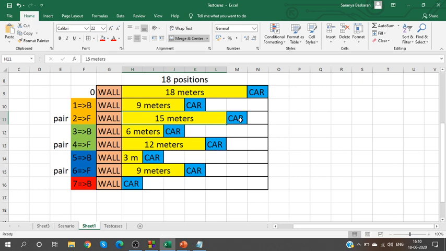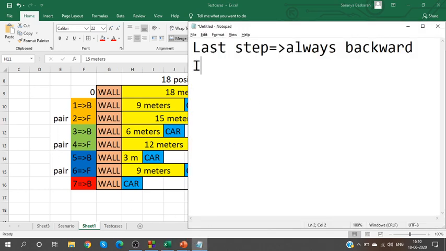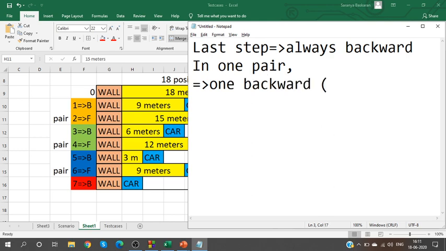When you look at each pair, what do you see? In each pair, we have one backward movement. How much is the backward movement? 9 meters, same example guys. One forward movement.